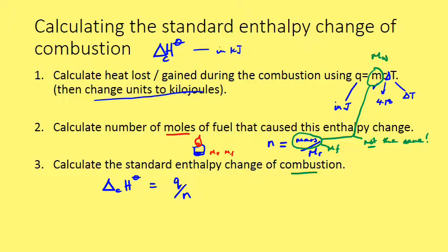So for example, let's say your Q was 500 kilojoules, and you burnt half a mole of fuel, then your standard enthalpy change of combustion would be 1,000, and our units are going to be kilojoules per mole.